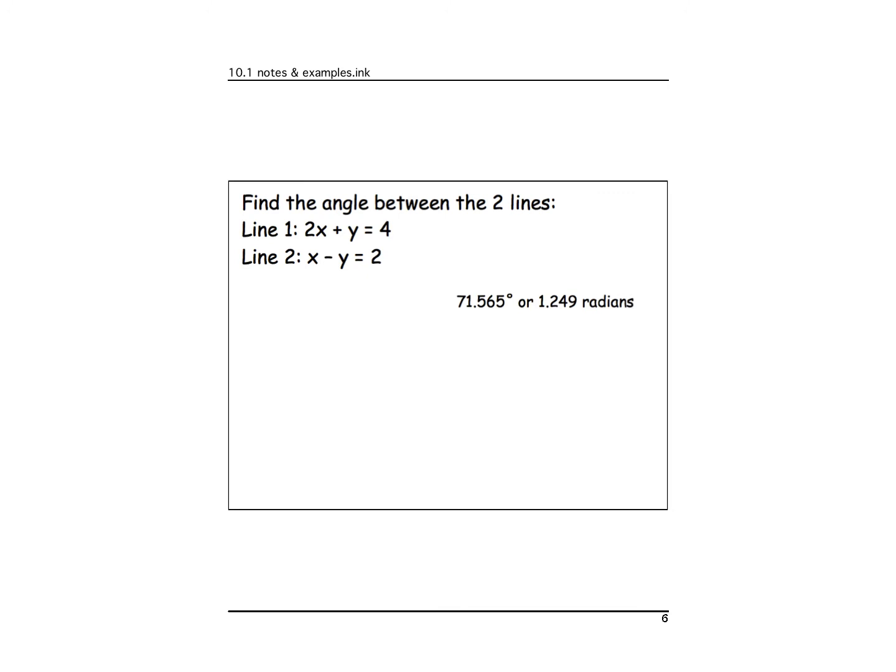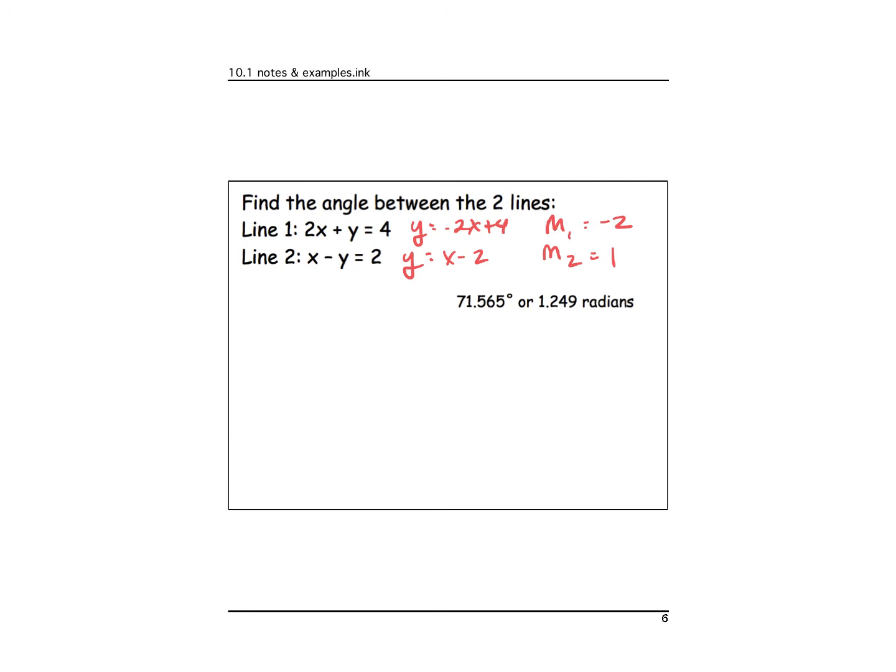So y is equal to negative 2x plus 4. So m1 is negative 2. Right, and then y is equal to x minus 2. So m2 is equal to 1.